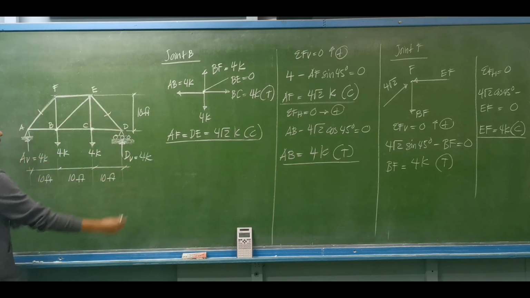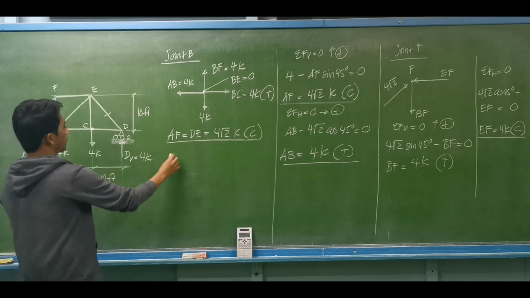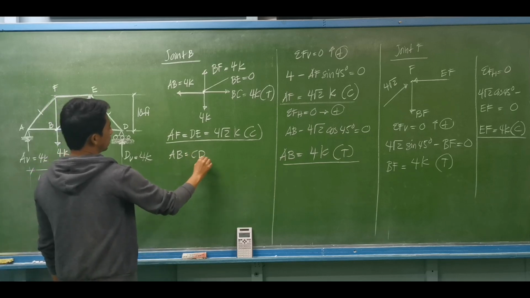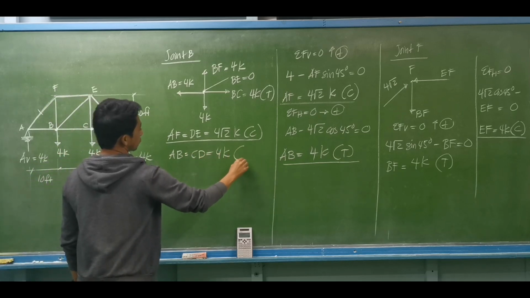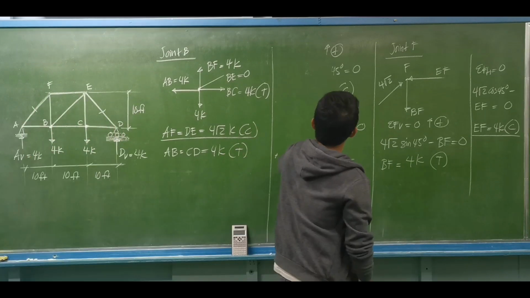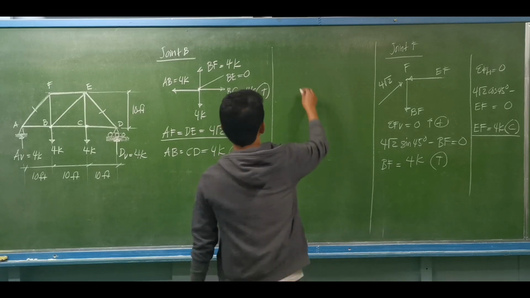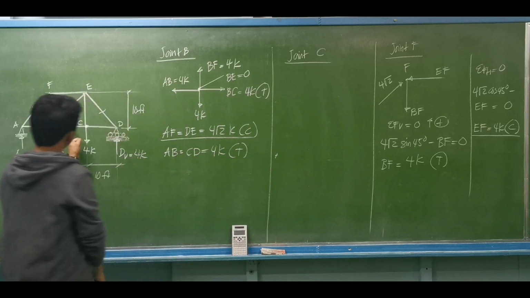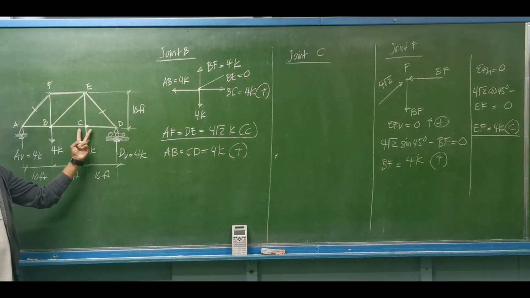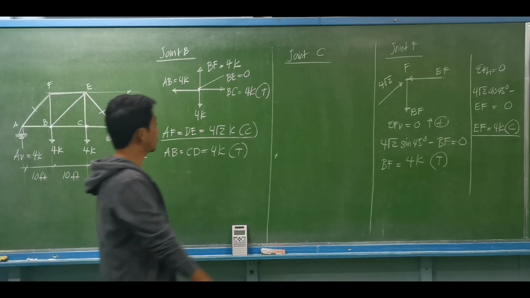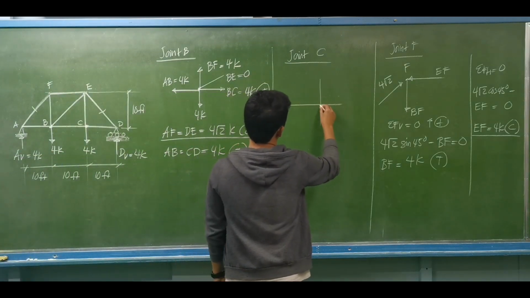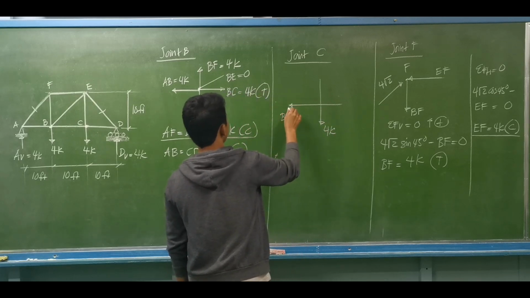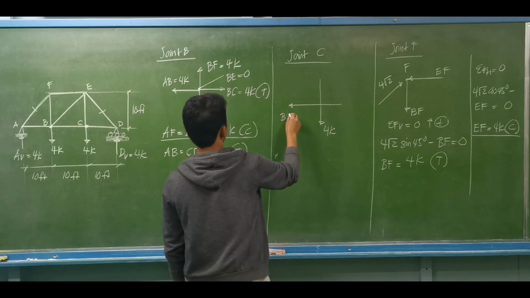As you can see, we have 4 kips. Then member AB will have the same load as member CD, equal to 4 kips, also under tension. As we have a joint C, it is also obvious at joint C. Again, you have collinear members and the 4 kips load.